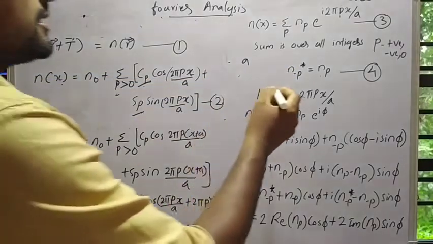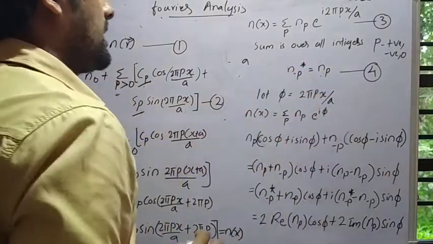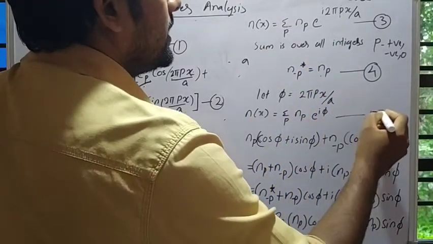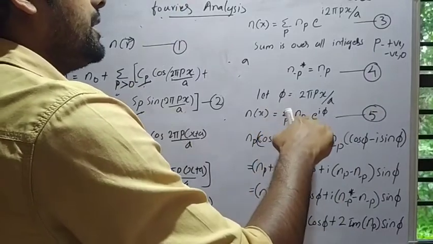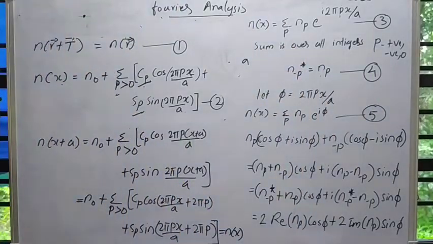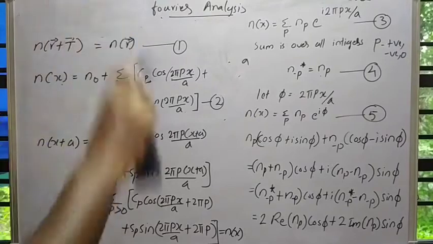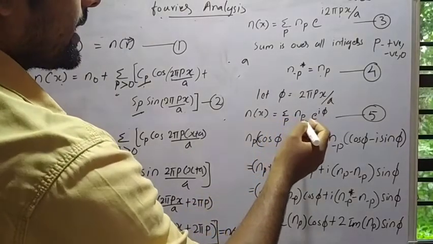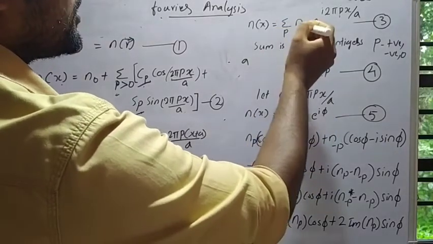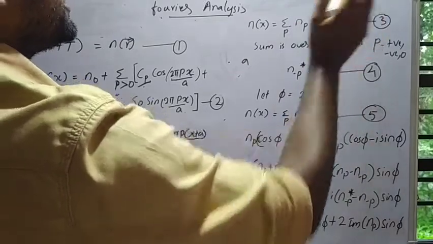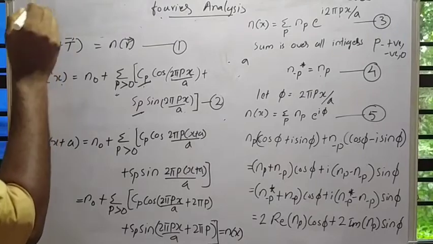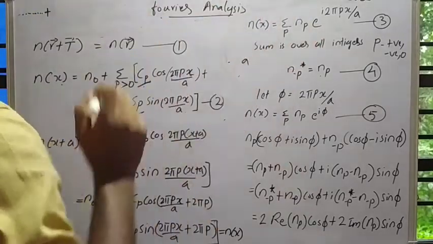Let phi equal to 2 pi px over a, and n of x equal to, this is equation 5, n of x equal to sum over p np e raised to i phi. And I can expand this term. N of x equal to sum over p np e raised to i 2 pi px over a, like etc. plus, p starting from minus infinity.